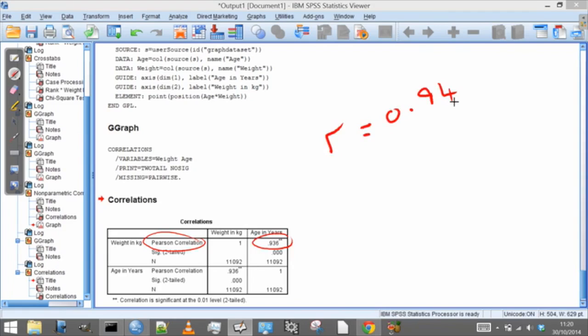So if we look up on our table, that's a strong correlation. So there's a strong, positive correlation, I should say, between age and weight. And is this a statistically significant correlation? Yes.